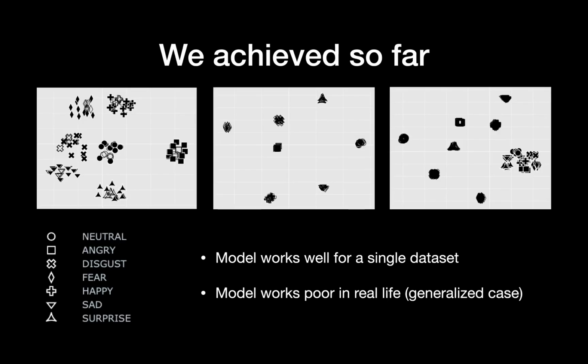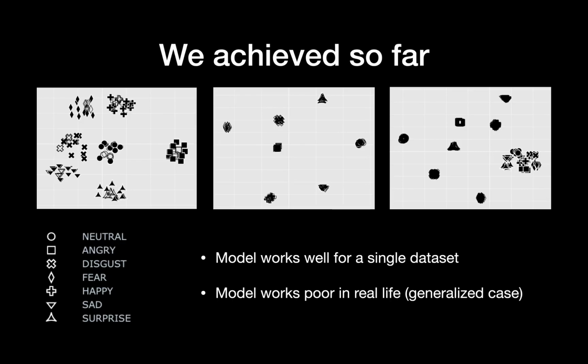The results we have achieved so far are on the slide. On the first two pictures, you can see how the model works on a single dataset. On the first slide, it was trained on a single dataset and tested on the same dataset. On the second, the same situation but with another dataset. On the third picture, you can see that a model trained on a single dataset and tested on another one works poorly.